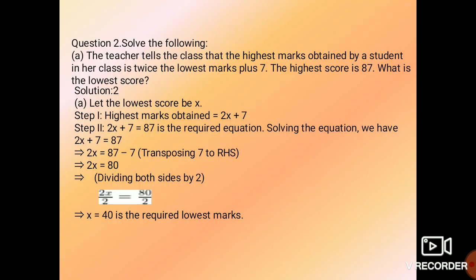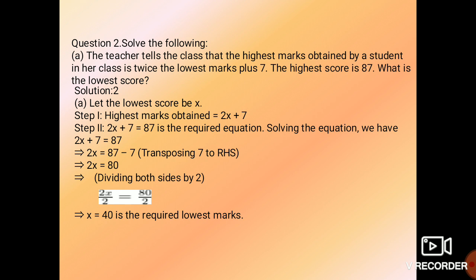Now let us discuss question number 2. Solve the following. Part A: the teacher tells the class that the highest marks obtained by a student in her class is twice the lowest marks plus 7, and the highest marks is 87.